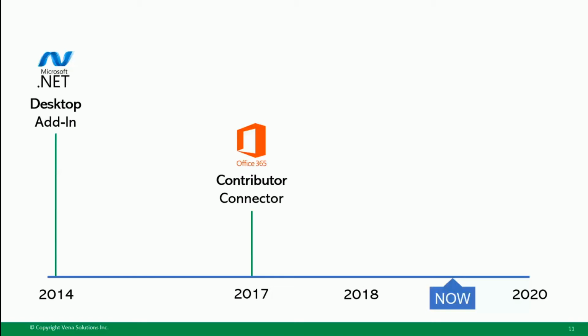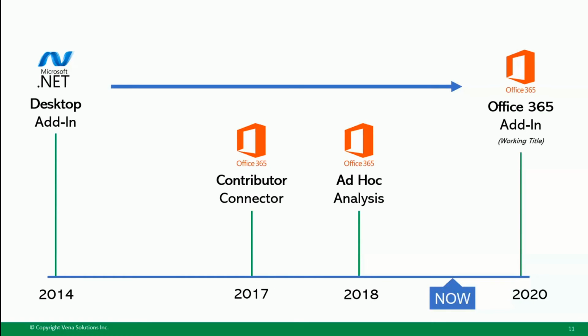Notably, this is a port of all the technologies from our desktop add-in, but with a much better user experience. We're really excited to deliver that to our customers in 2020. And notably, this will replace the desktop add-in in time. It's a good tech upgrade, but that will probably be a slow transition.